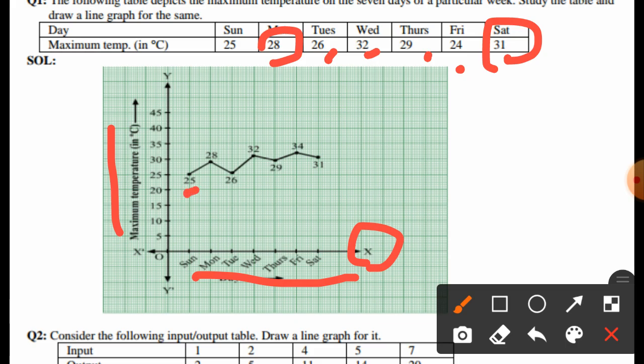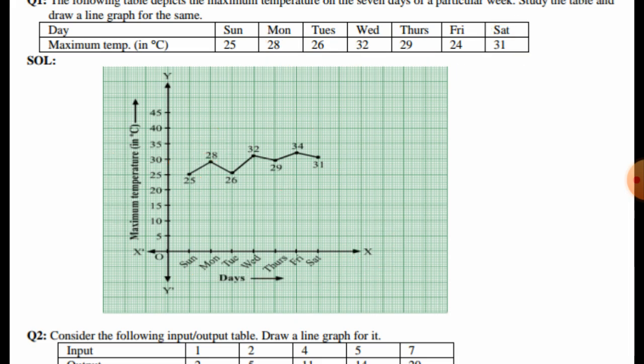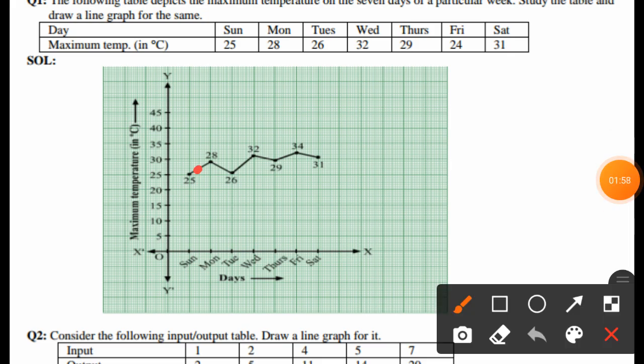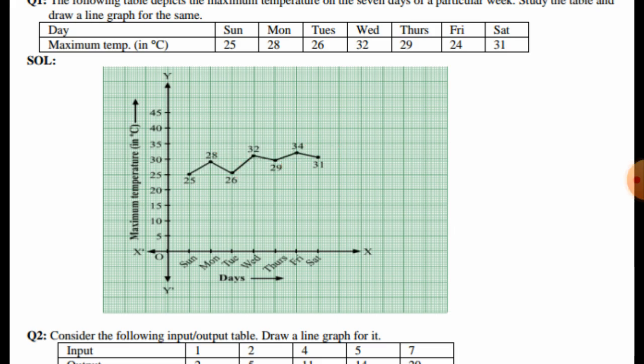On Sunday the temperature is 25, then on Monday it is 28, then 26, then 32, then 29, then 34 and then 31. So here we have to join these points, that is from 25 to 28. Similarly from 28 to 26, then 32, then 29, 34 and then 32. So in this way we can form a line graph.